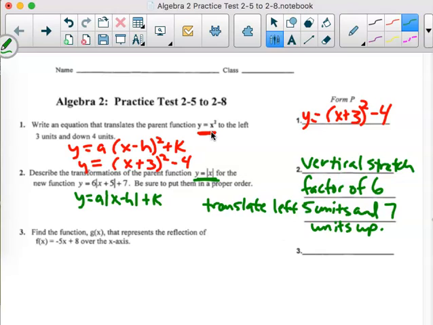If on the test it has this, what do we have to write down first? We've totally forgotten. Reflected over the x-axis. So if there's a negative, you have to do that reflection over the x-axis. So that's just a what if in a couple of days.